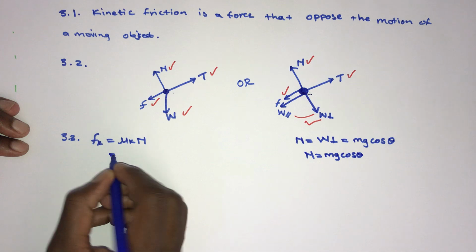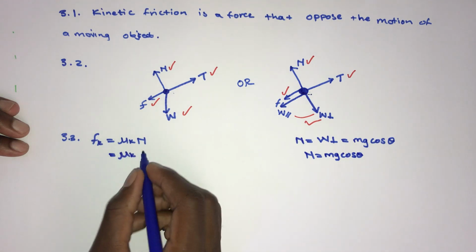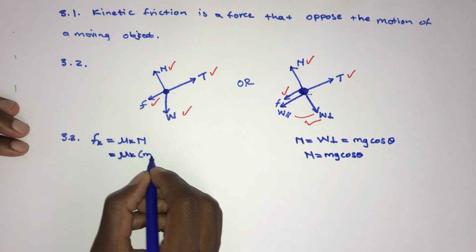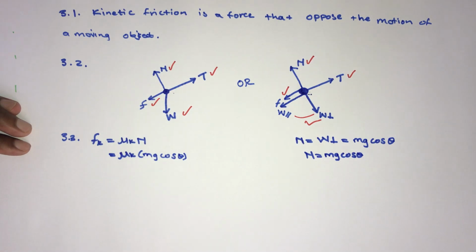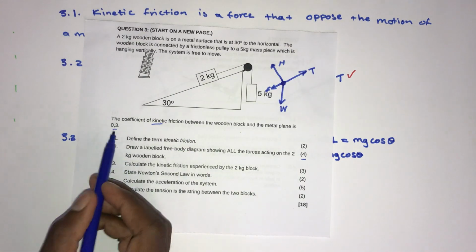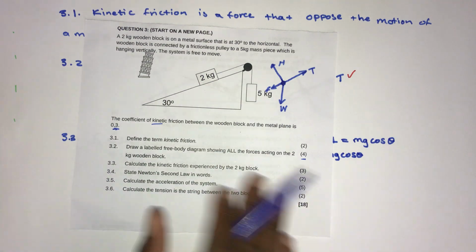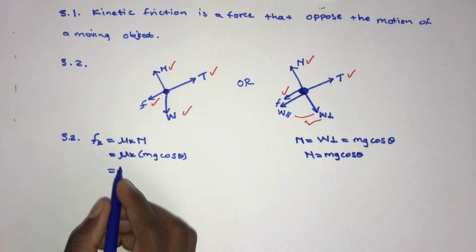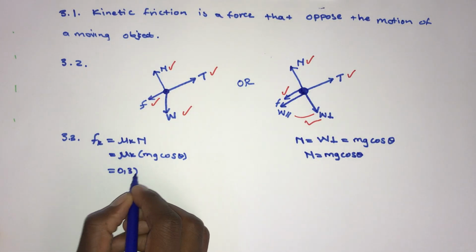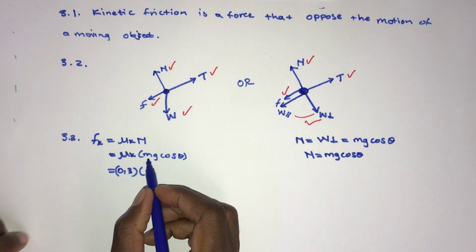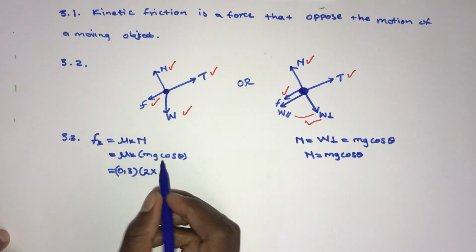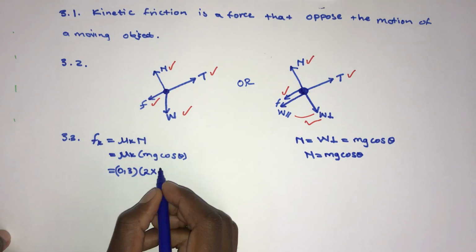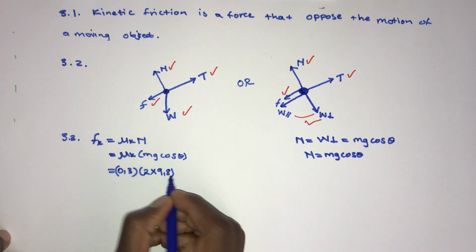So you come back to the formula now. You substitute your normal force, the coefficient of kinetic friction. Now your normal force is mg cos of theta. So now what is the coefficient of kinetic friction? The coefficient of kinetic friction is given as 0.3. So you just write 0.3. And then m, this is the mass of an object, which is the 2 kg, times g, this is the acceleration due to gravity, which is 9.8.